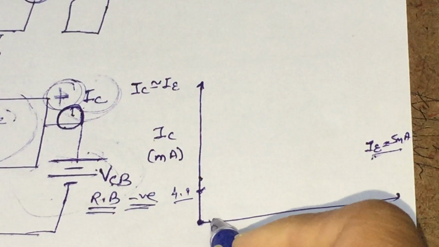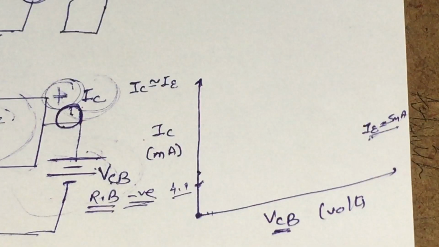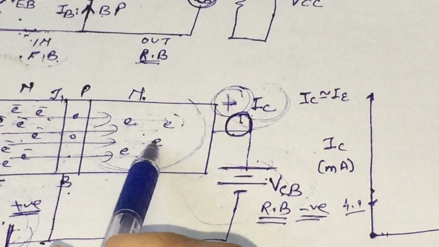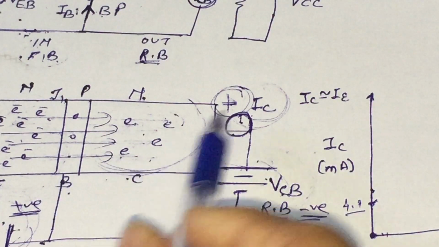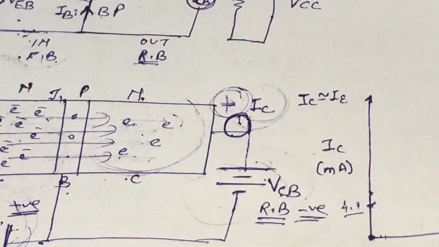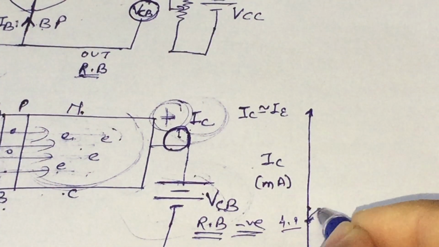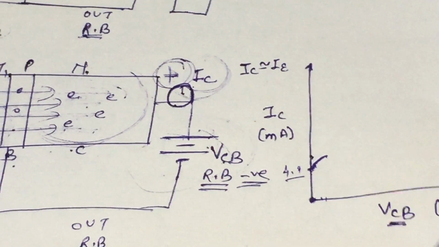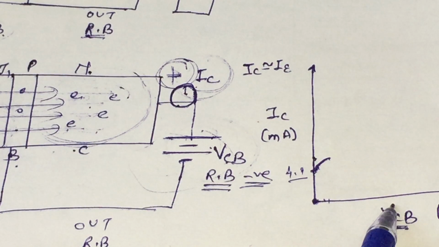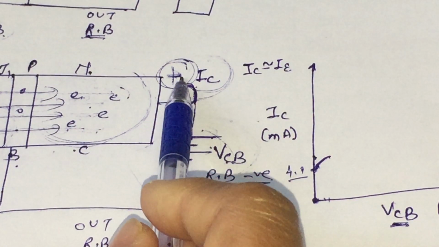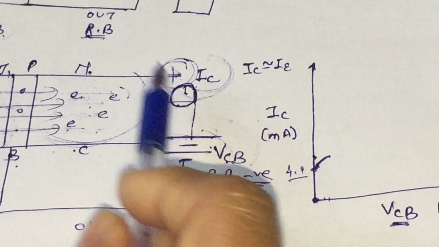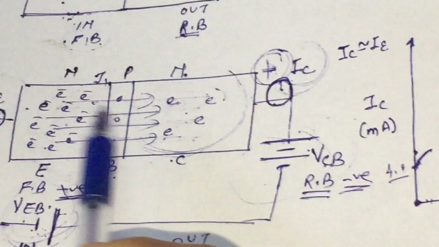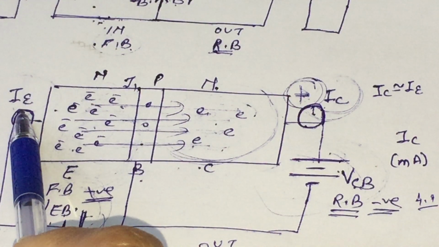As we further increase our output voltage, the speed of the electrons will increase and it will increase the IC, and we will have a small increasing curve here. But on further increase of the output voltage, it means this terminal is going to be more positive, the number of electrons is not going to change because IE is constant.